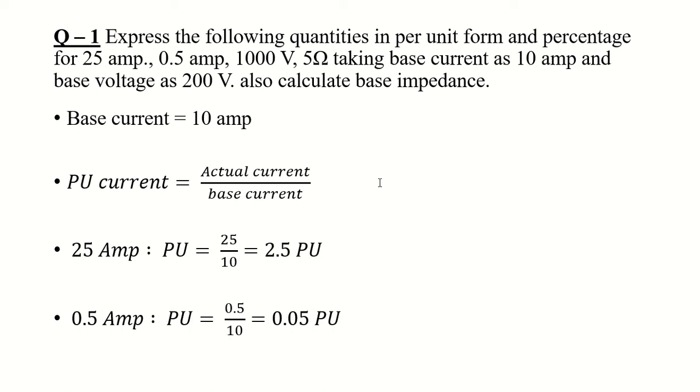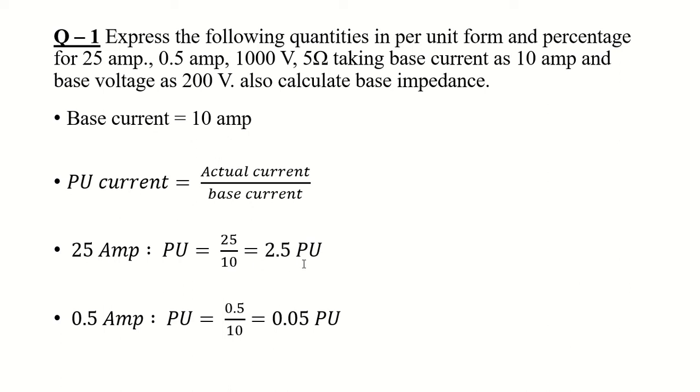Now they have given us the base current as 10 ampere. Let's calculate the per unit value of the 25 ampere line. For 25 amperes, the per unit value will be 25 divided by 10, actual current divided by base current. Actual current is 25 ampere, base is 10 ampere, both given in the question.